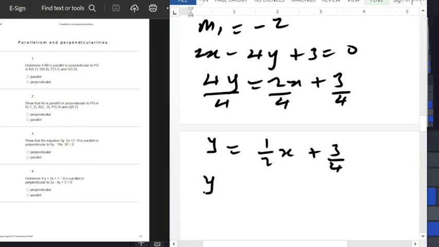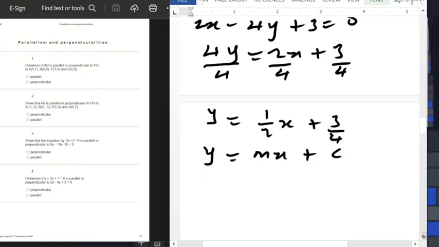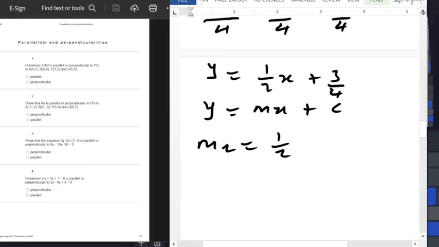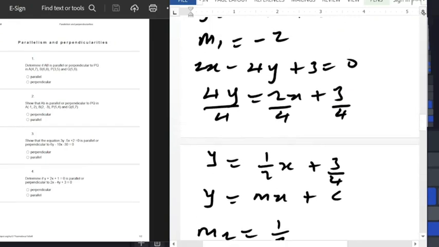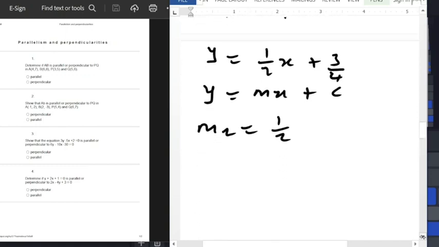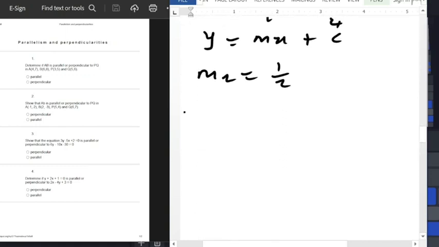Comparing this with y equals mx plus c, you can see that m2 equals half. But m1 is minus 2. So m1 and m2 are not the same, so they cannot be parallel; we are going to test for perpendicularity.